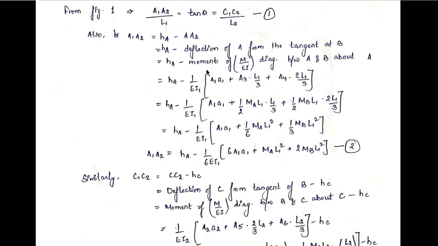Now we will find out the moment of the M by EI diagram. So 1 by EI I have taken common. Suppose for the AB portion the value of I is I1, so 1 by EI1 I have taken common.